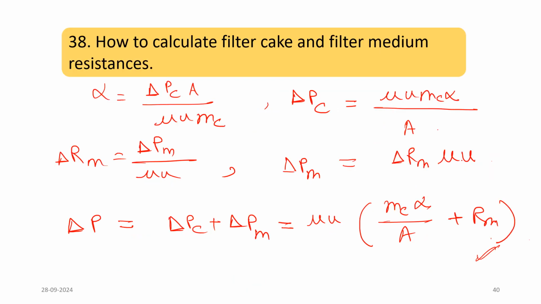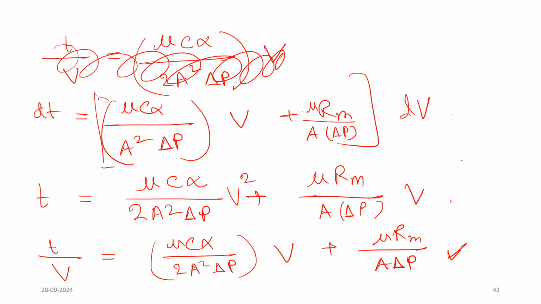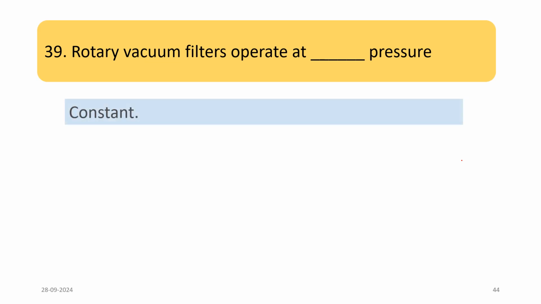So, the filtrate flow rate of rotary drum filter expression is QF equals (2A square delta P Fs N divided by mu C alpha) to the power half, right?